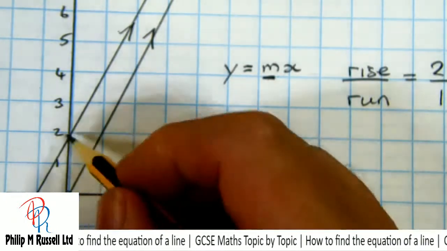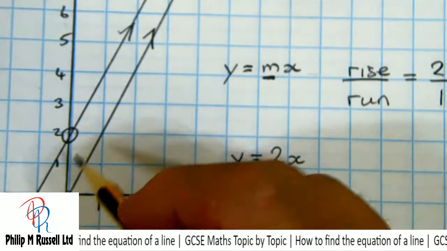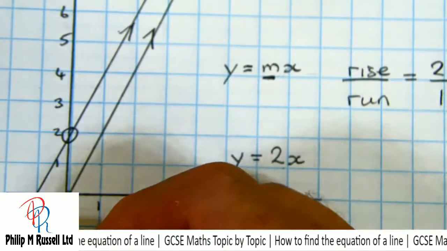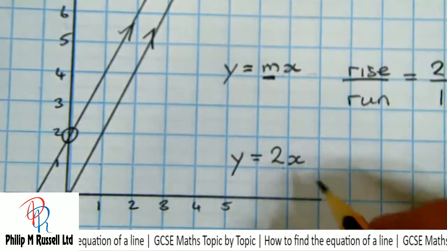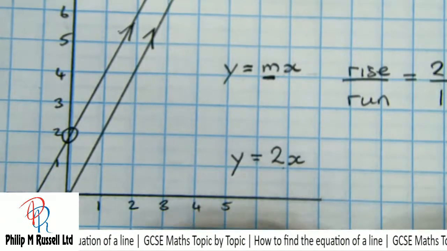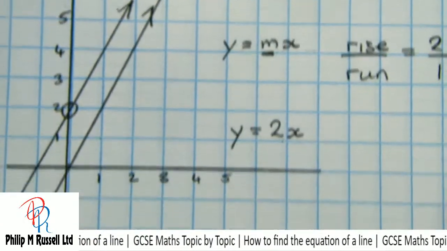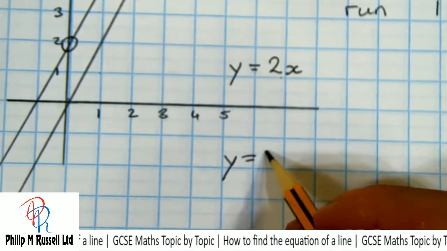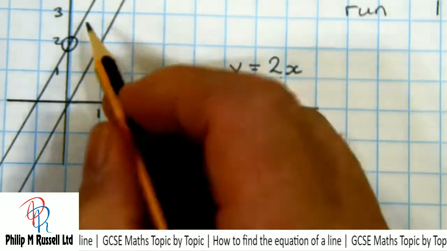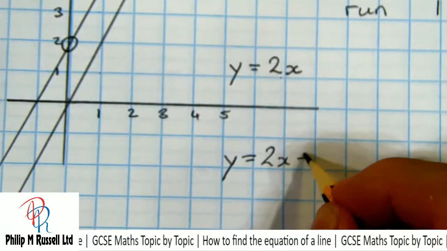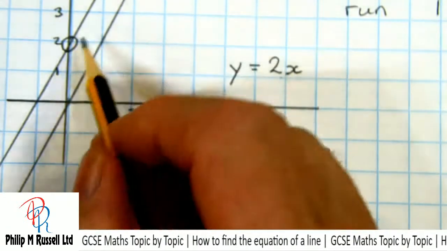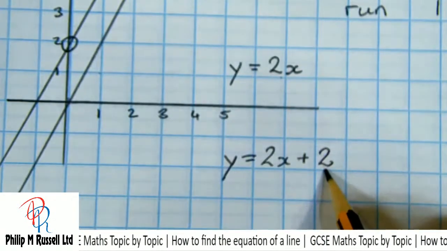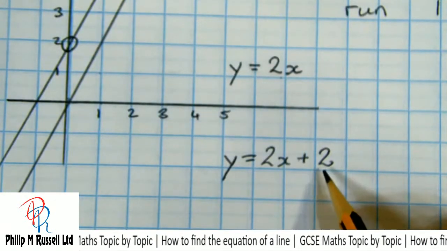But here it's going to cross the y-axis, where it's going to be the y-intercept, or b, take your pick. So this is going to give us, this time, the graph of y equals 2x plus 2. So this value of the y-intercept, b or c, is very easy to work out.